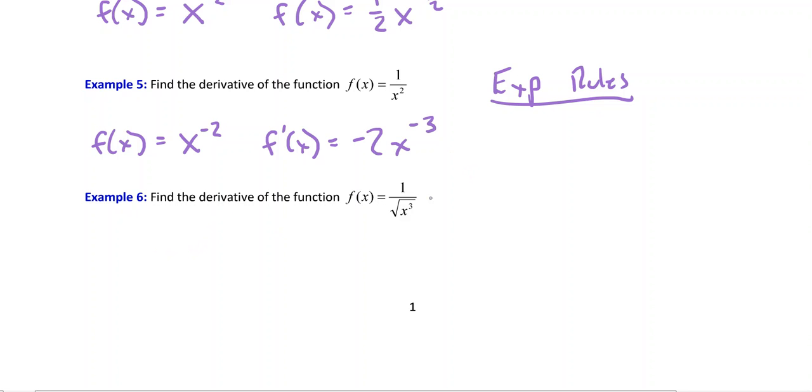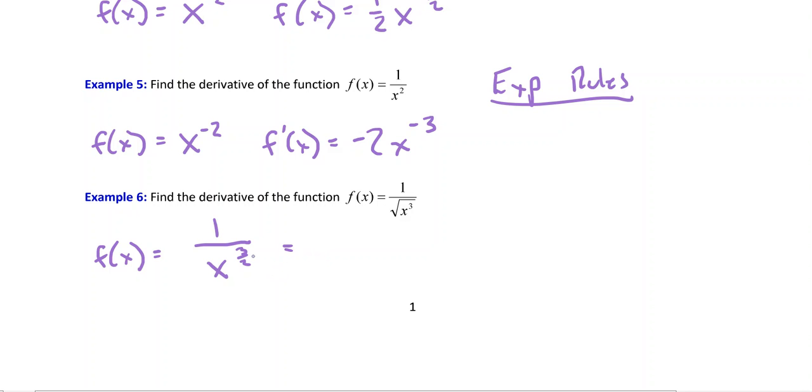Example 6, same idea. We have the variable in the denominator, and we have a square root of x cubed. So I'm going to do a couple of things here to rewrite this. First of all, I'm going to rewrite the radical as a rational exponent, and I did a video on rational exponents. So that would be 1 over x to the 3/2.